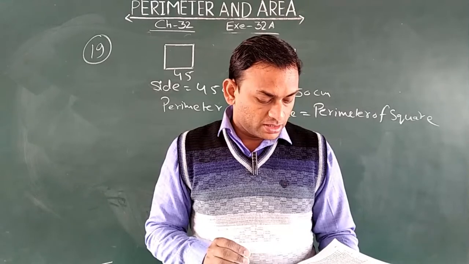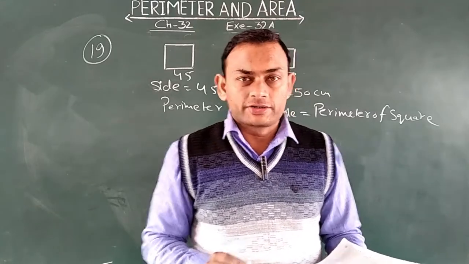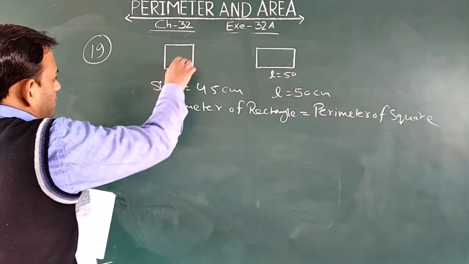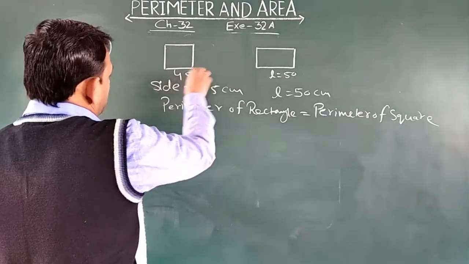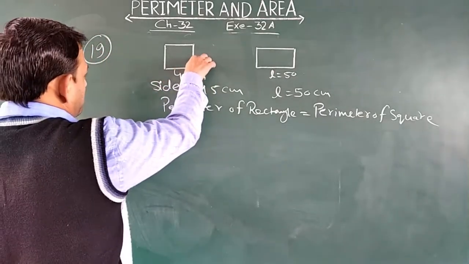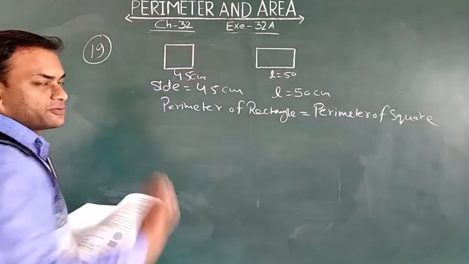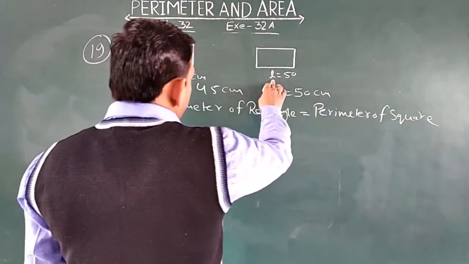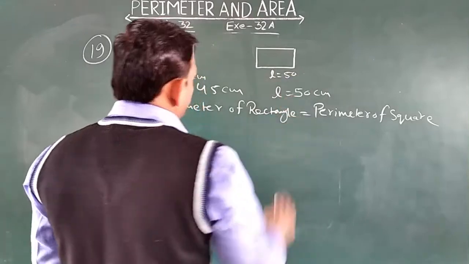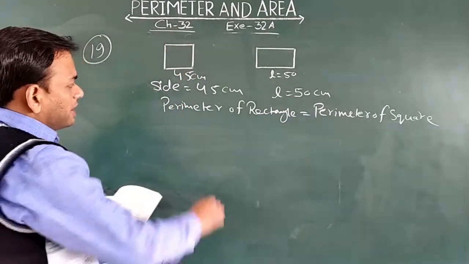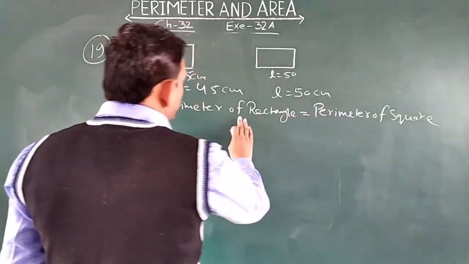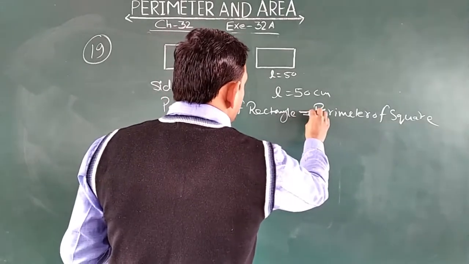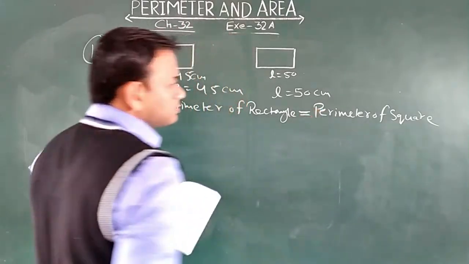This question is saying that each side of a square is 45 centimeter. This is 45 centimeter, 45 centimeter, 45 centimeter, and 45 centimeter. And the length L of a rectangle is given as 50 centimeter. And the perimeter of the rectangle and the square are equal.